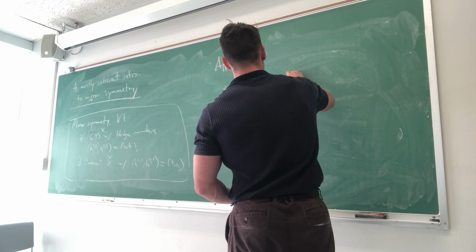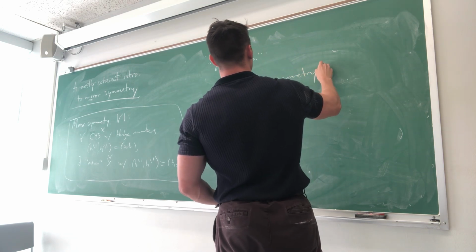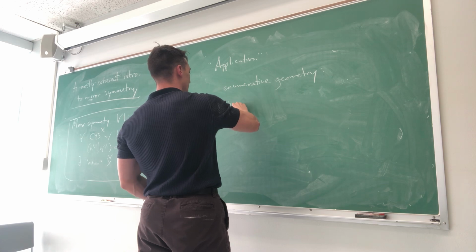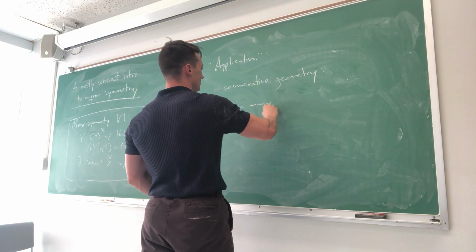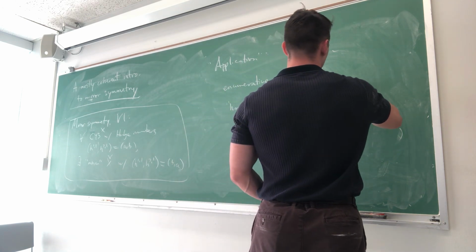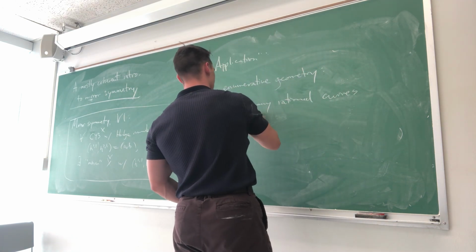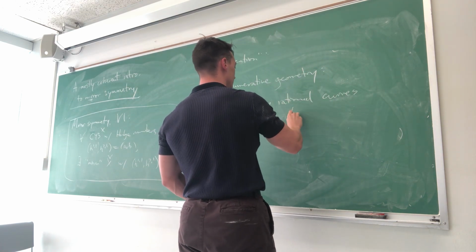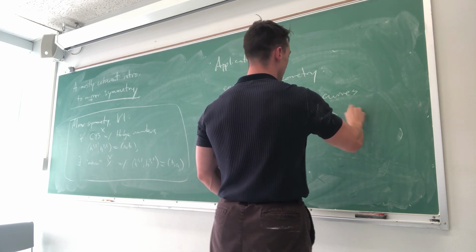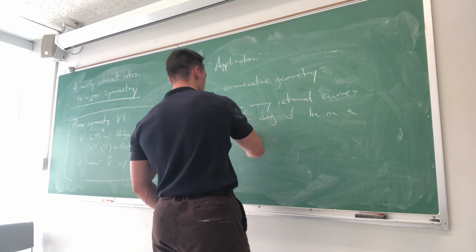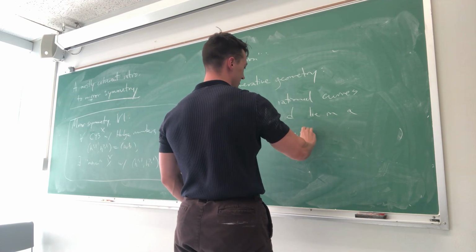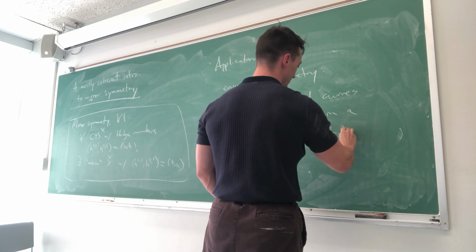So in this particular case, the question was: how many rational curves of degree D lie in a, let's say, general quintic threefold?